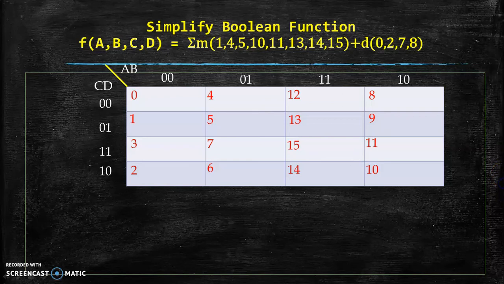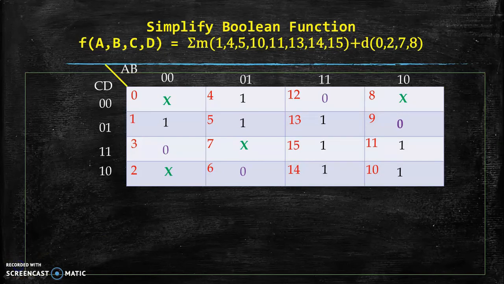So for 1, 4, 5, 10, 11, 13, 14, 15, we have minterms given and we have entered ones in those cells. Now for the don't care condition 0, 7, 8, we can enter a cross sign. And in the remaining cells, we have to enter 0.